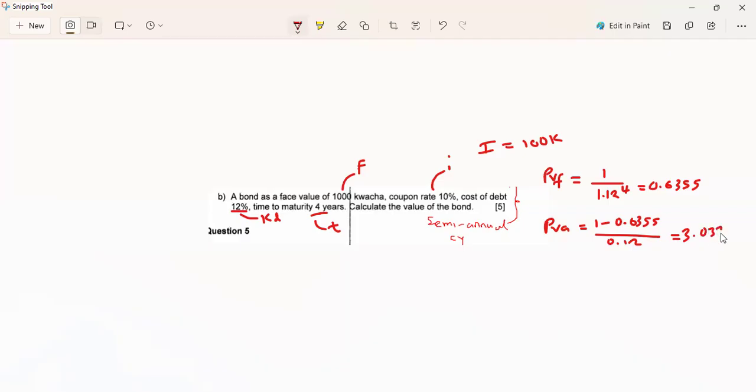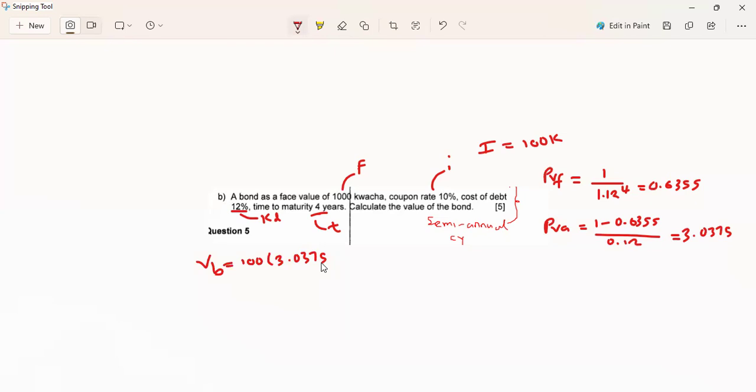So now we have everything we need to calculate the value of the bond. The value of the bond in this case will be what? 100 kwacha, the I, times the annuity factor, 3.0375.